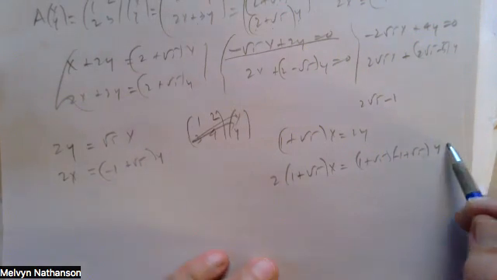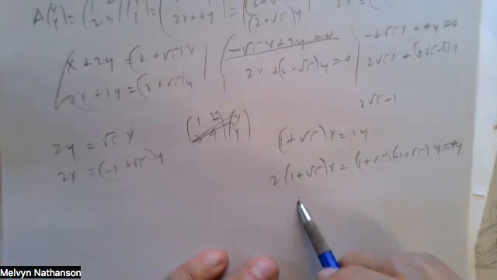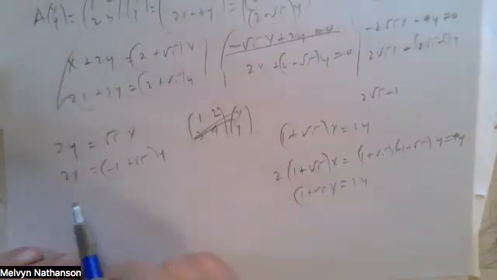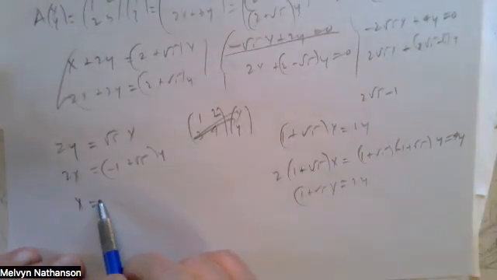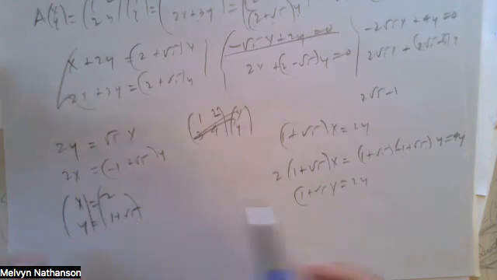This is equal to 4y, which means that 1 plus root 5x equal 2y. Good. So if I let x equal to 2 and y equal 1 plus root 5, that should be an eigenvector.